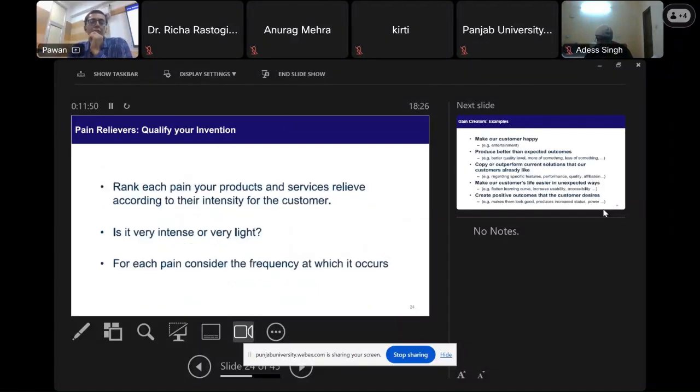Or maybe you could list down 2, 3 things. If you think there are 3 things, you could list them in priority, which is the biggest pain you are solving, second, third. Is it a very intense, deep pain?